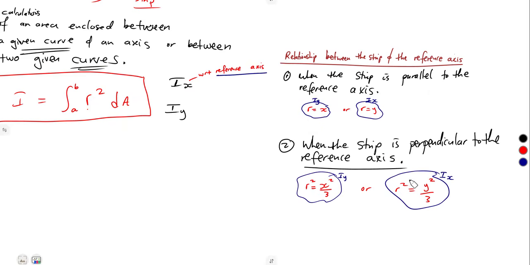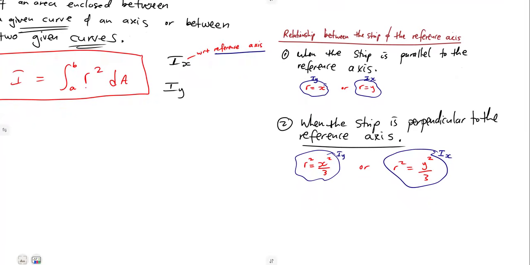So when we are given to calculate our Ix, we have to consider, in this case, y squared over 3.